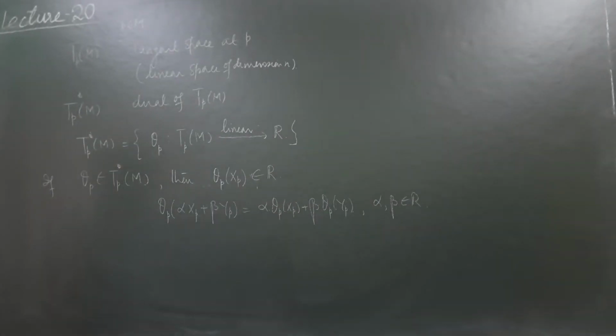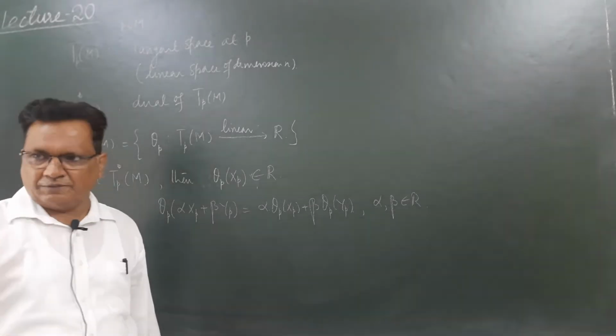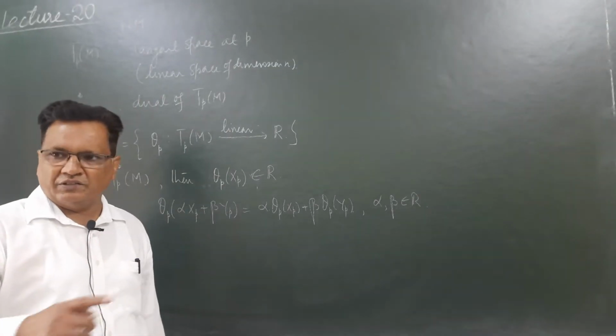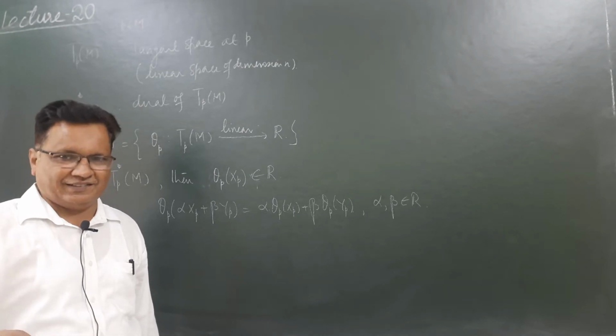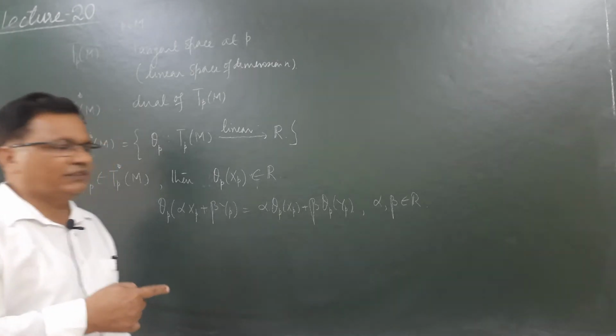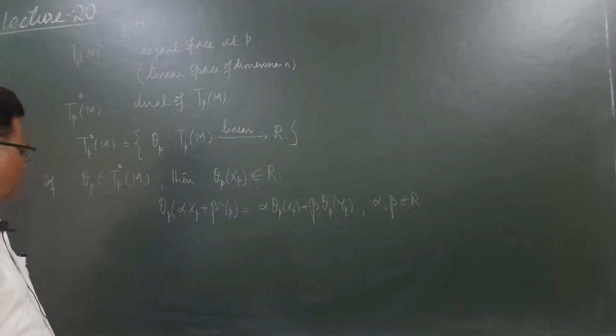All right. We call these elements of Tp star M covectors. The elements of TpM we call tangent vectors, and these elements are the dual of the tangent vectors.